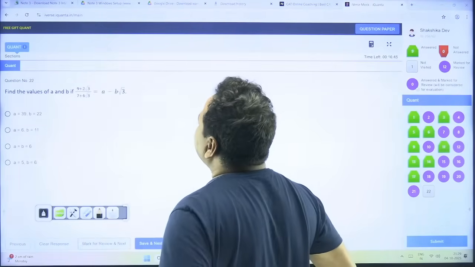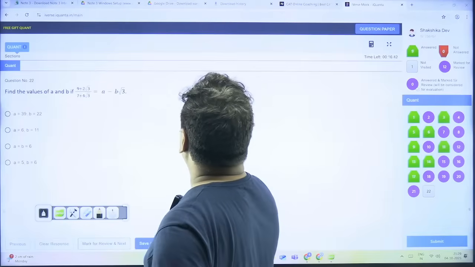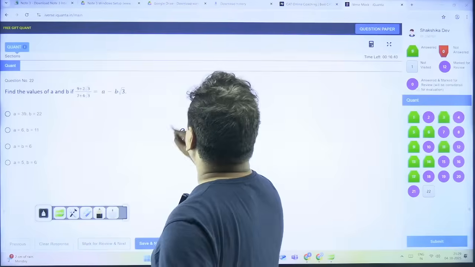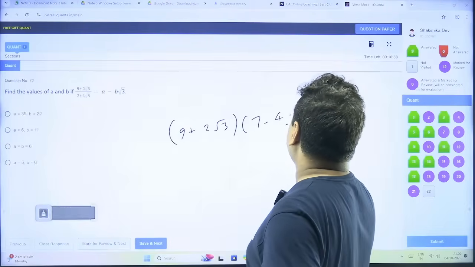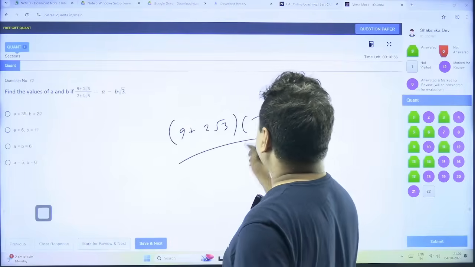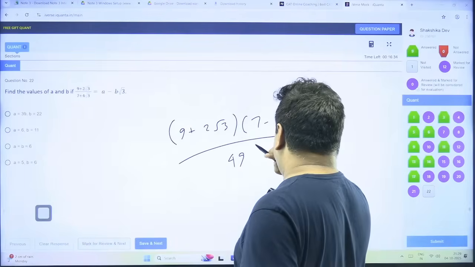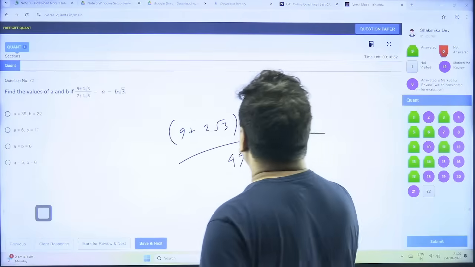A plus b, rationalize it, exactly. 9 plus 2 times root 3 into 7 minus 4 root 3, whole upon 49 minus 48. Okay, nice, this becomes 1. What is left in it?